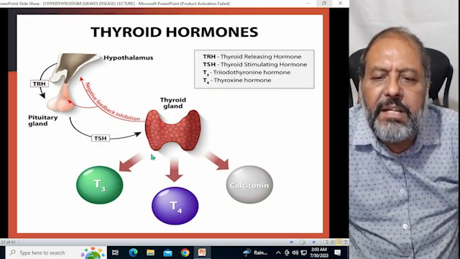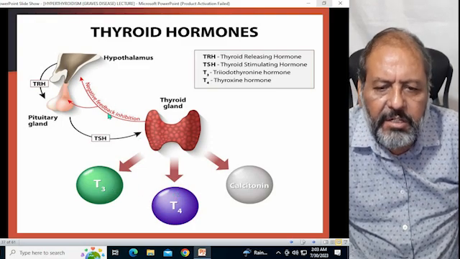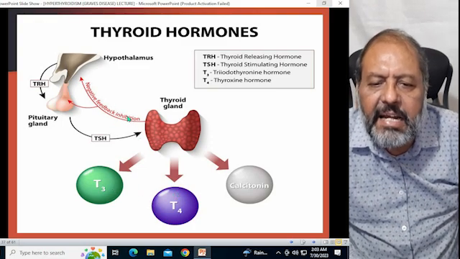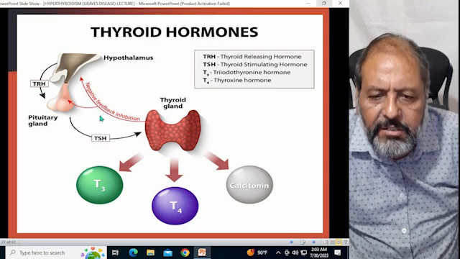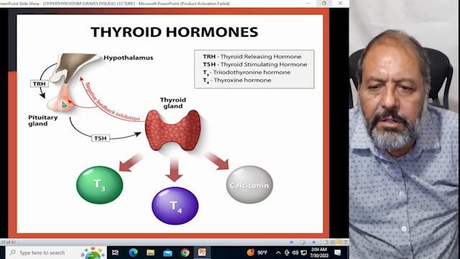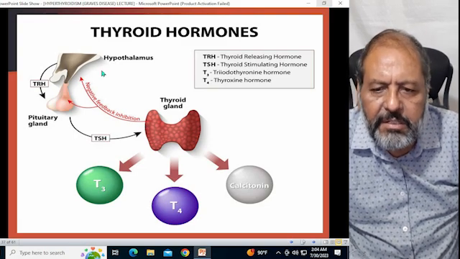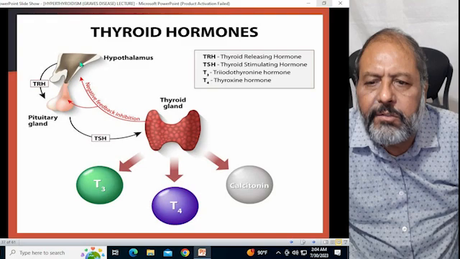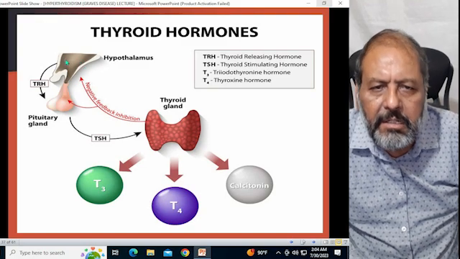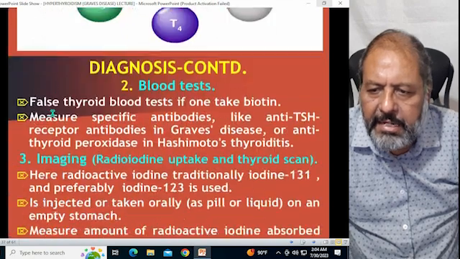Now, if there is excess of these hormones, T3, T4, there is a negative feedback mechanism, and that causes negative feedback inhibition to the pituitary gland to stop releasing the TSH, and also to the hypothalamus to control the release of TRH.